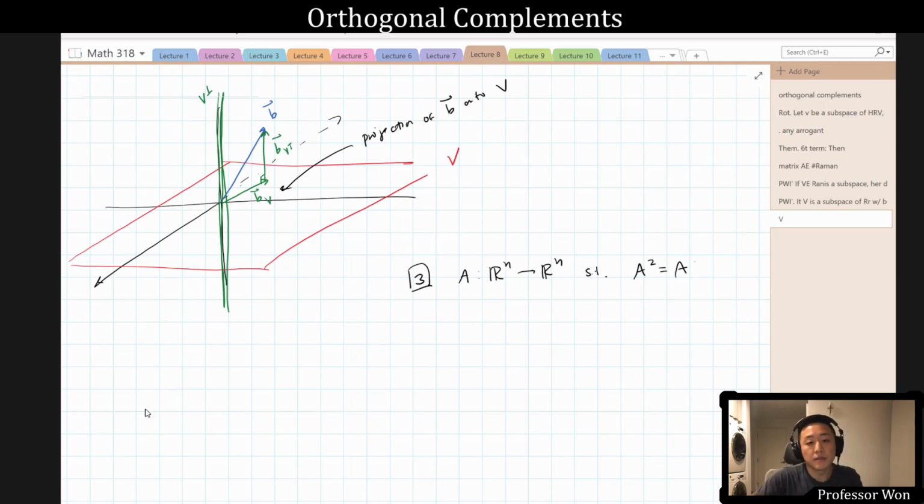And how is this related? Okay, and this will become clear both next lecture and in the coming lectures. What you can consider is the linear transformation. Okay, what I say is fix a vector space and fix a vector subspace V. So you could imagine like this red plane in this picture as our fixed vector space V. And for every vector B in Rn, we'll map it to this BV that I've drawn in the picture.